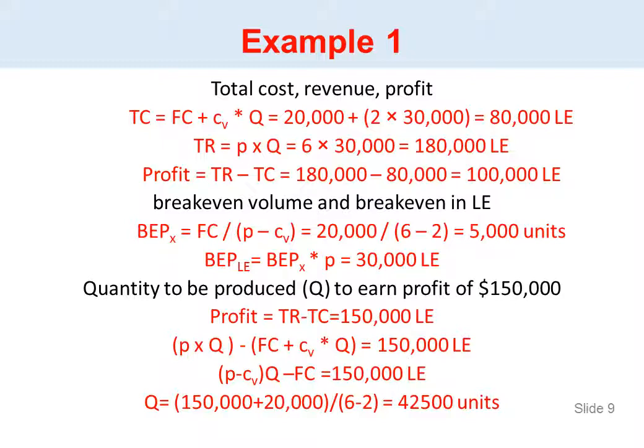The total revenue is price multiplied by Q. He's selling 30,000 and the price is 6, so the total revenue is 180. The profit in that situation is the total revenue minus the total cost.